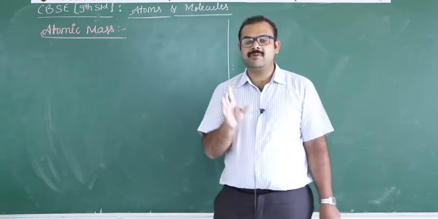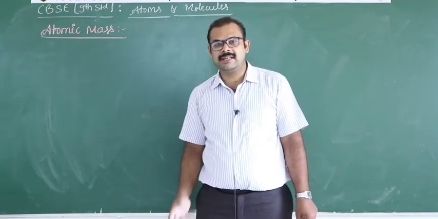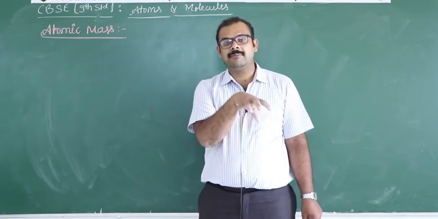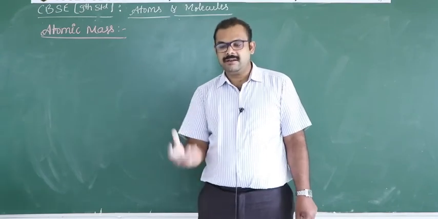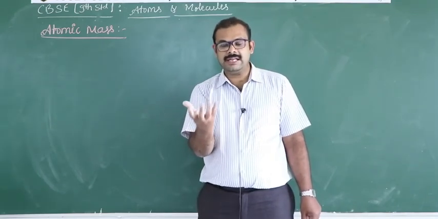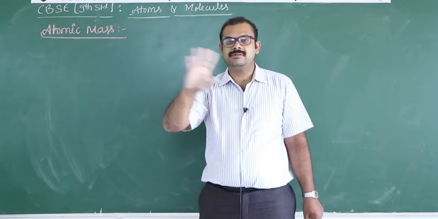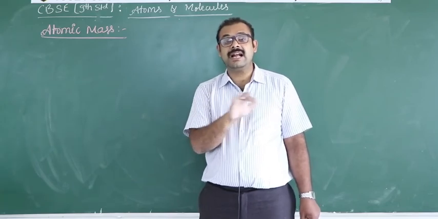Say for example, if you want to measure 1 kg of a particular vegetable, say carrot, we put a 1 kg stone, then they start adding carrots, right? Now here the 1 kg stone acts as a standard weight. Wherever you go, that 1 kg weight will be a standard unit.